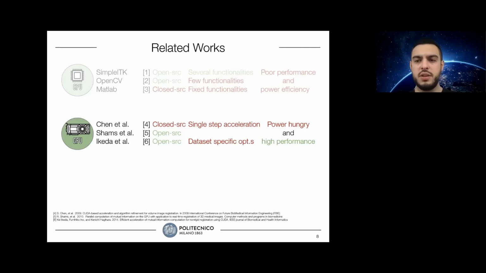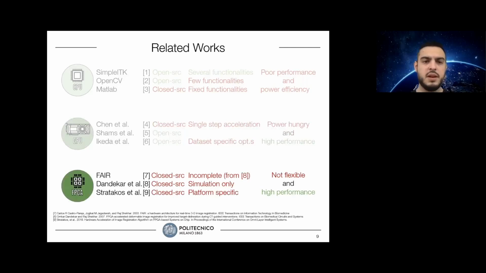However, they rely on the acceleration of a small portion of the overall process or on dataset specific optimizations that avoid the generalization of these solutions. And finally, GPUs are known to be power hungry devices. Finally, in literature, we find FPGA-based implementations that are all closed source with incomplete details or that have been only simulated, hindering their usage in this field.